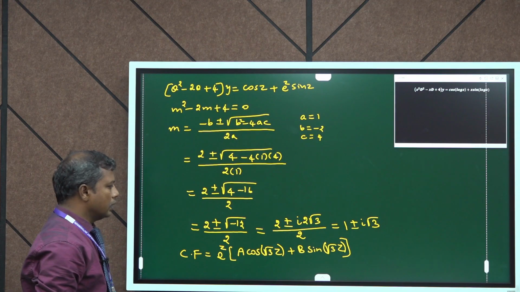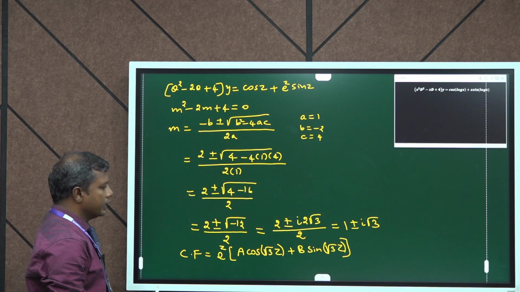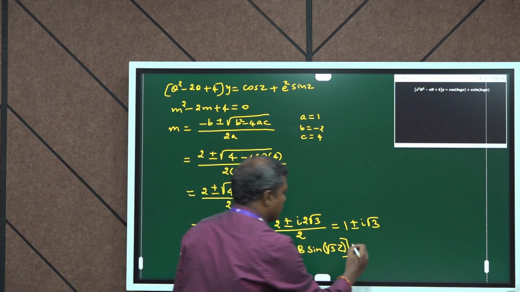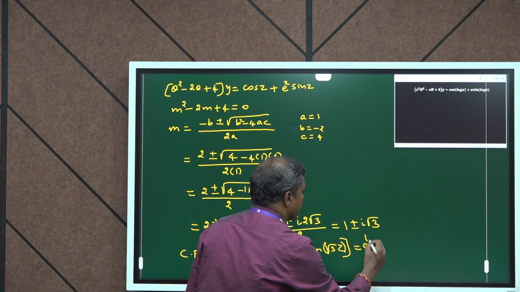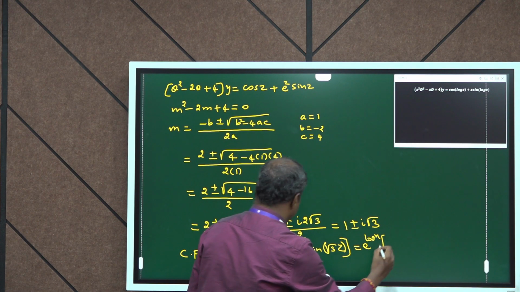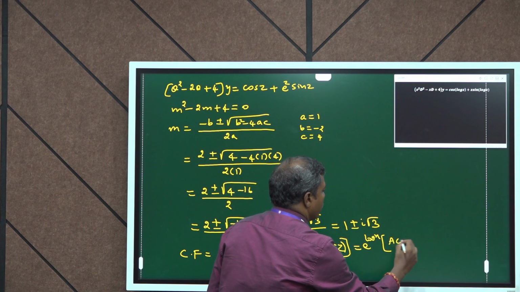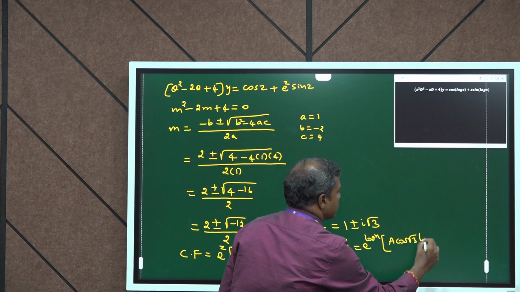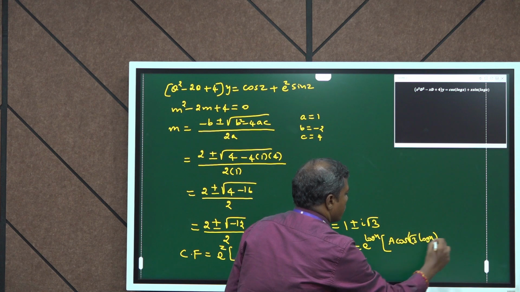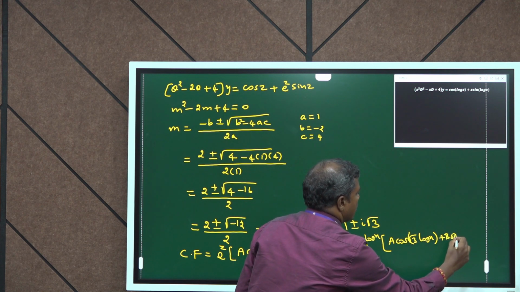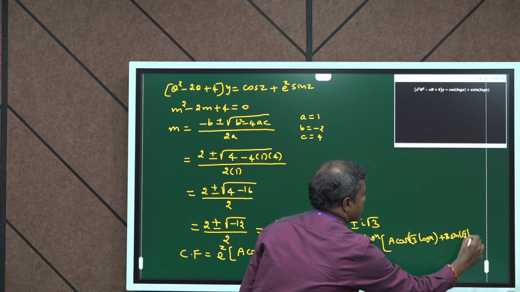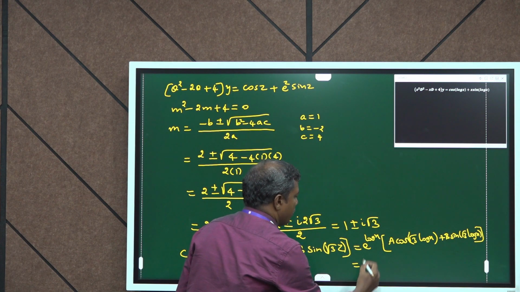But z, as all of you know, is equal to log x. So if you make the substitution, it becomes e power log x into a cos root 3 into log x plus b sin root 3 into log x. Here e power log x is x.